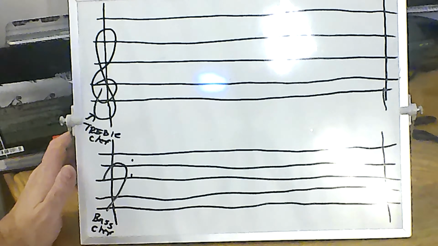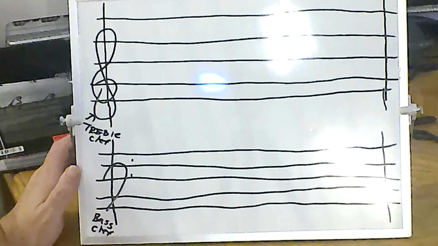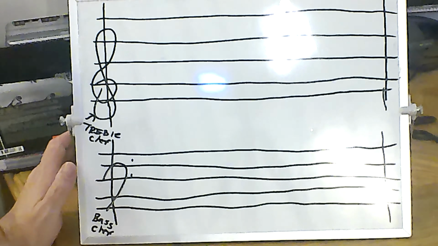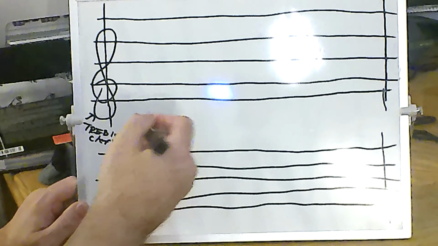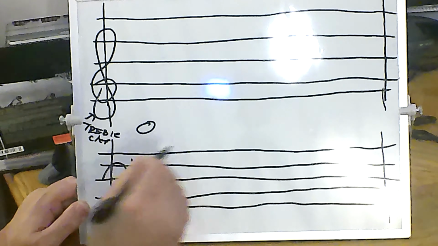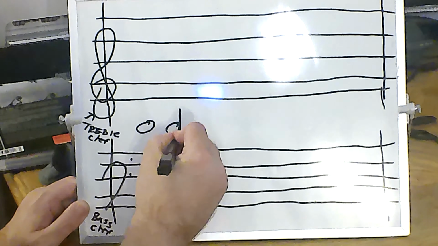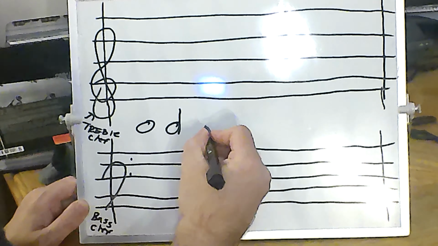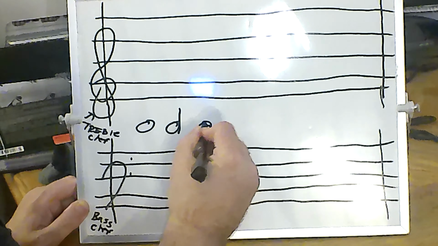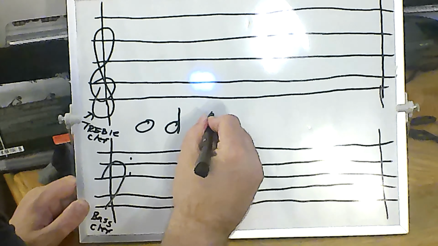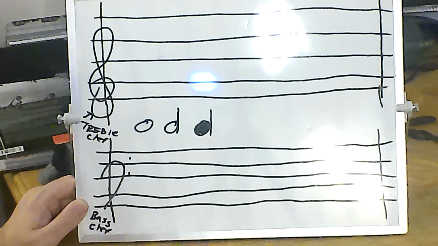Now, in order to understand all this, I'm just going to let you know what each line represents. This is a whole note. This is a half note. This is a quarter note.